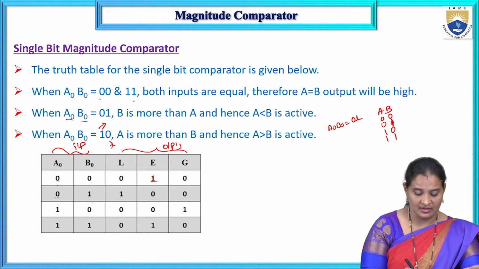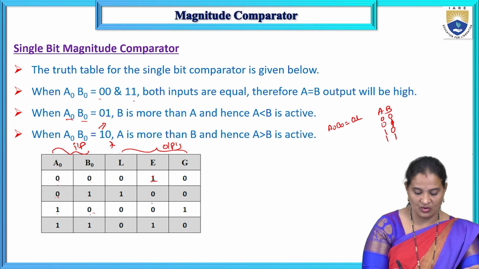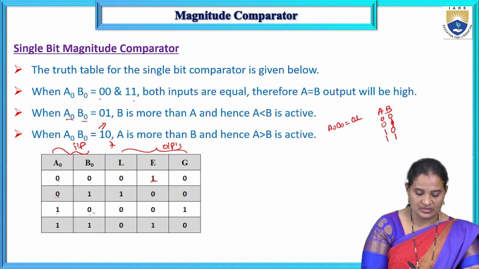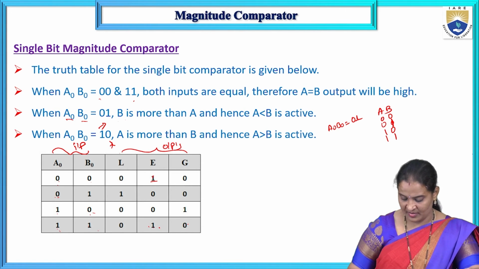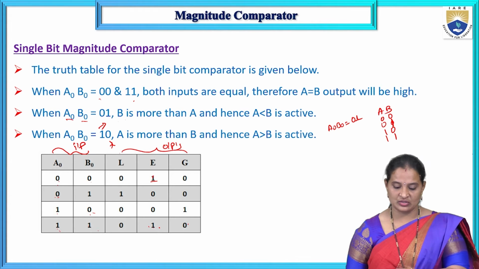A is less than B, so A less than B is 1, and the other two are 0, 0. Now 1 0. Again A is greater than B, because A value is 1, B value is 0. So A greater than B is 1. Remaining two are zeros. And for 1 1, both are the same, so A equal to B is 1, A less than B is 0, and A greater than B is also 0.